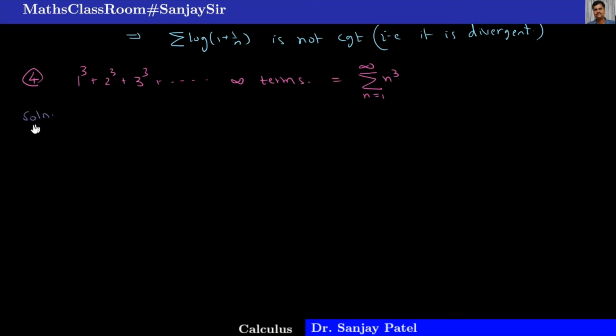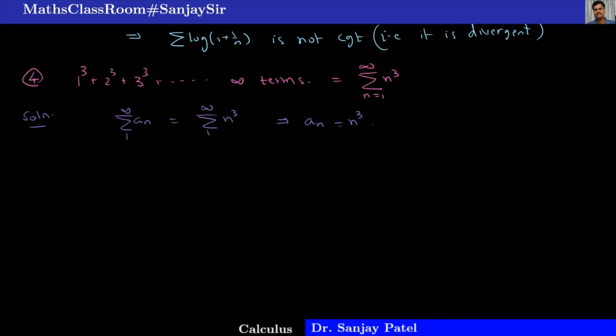To discuss the convergence, first of all, we need to know what is an. So here, sigma an is sigma n cube, 1 to infinity. And therefore, I can say an is equal to n cube.